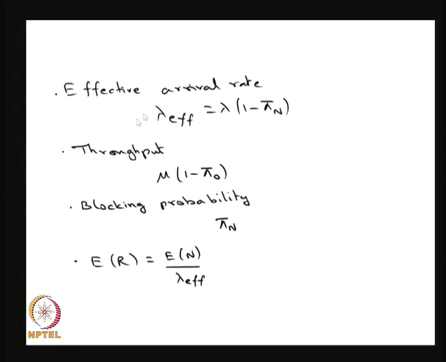Once you know the steady state probability, you can get the other measures also. Here, the other important thing is called the effective arrival rate. That means the queuing system has a finite capacity.